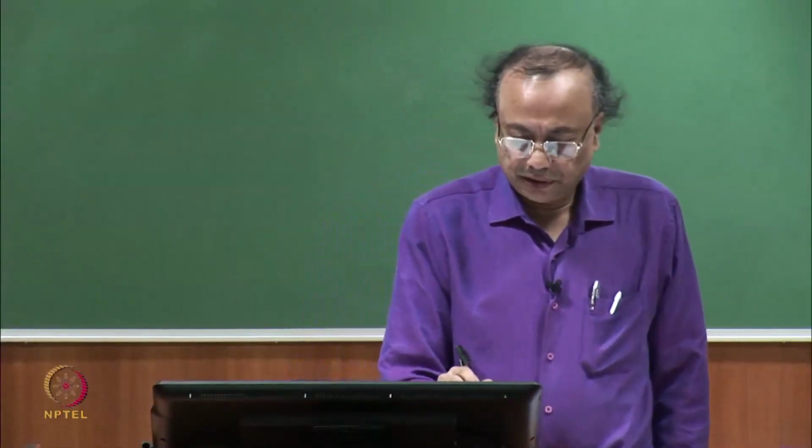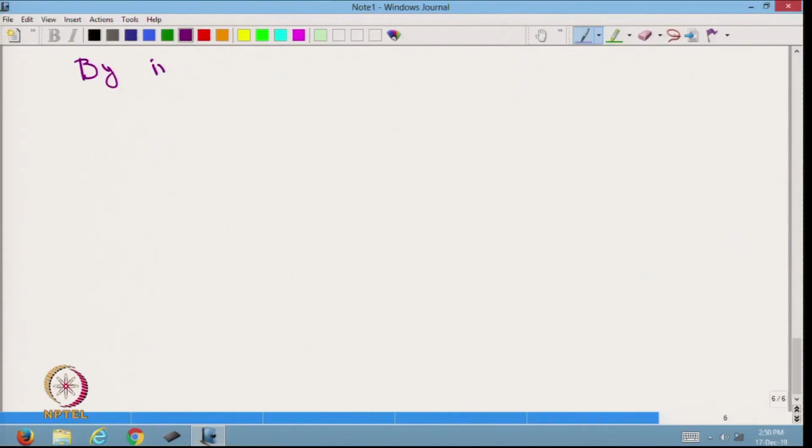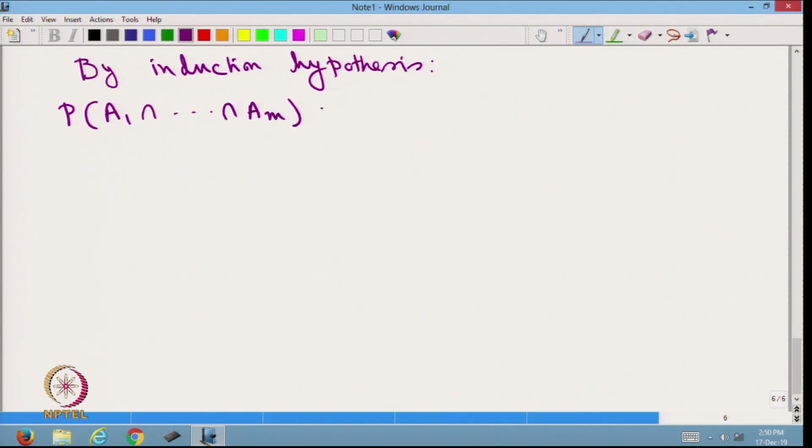By induction hypothesis, probability of A1 intersection A2 intersection Am is greater than or equal to 1 minus sigma i equal to 1 to m probability of Ai complement.